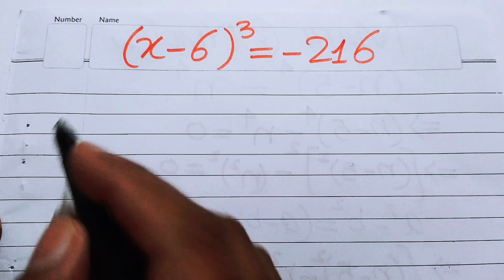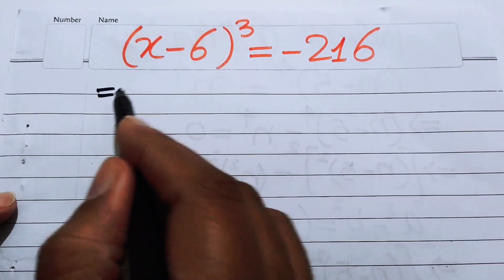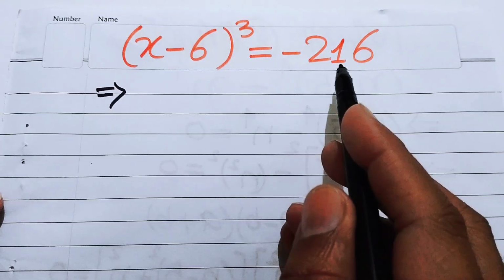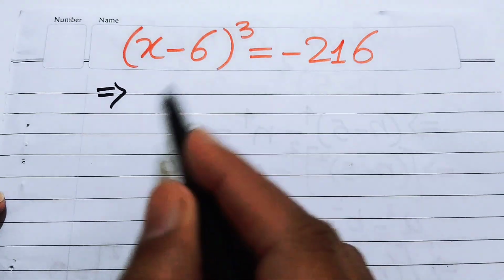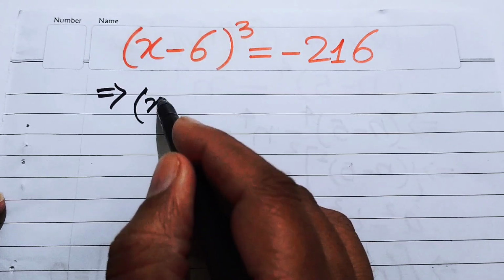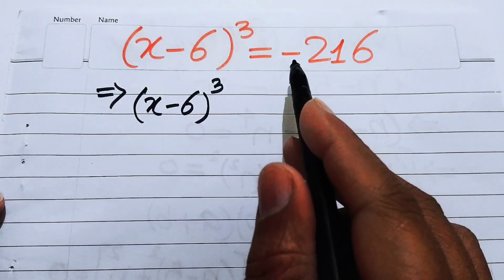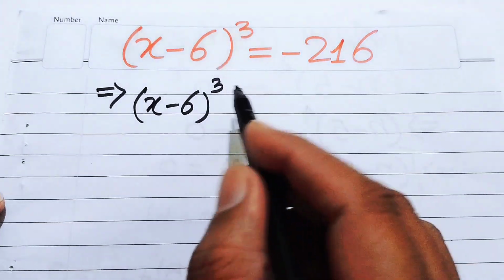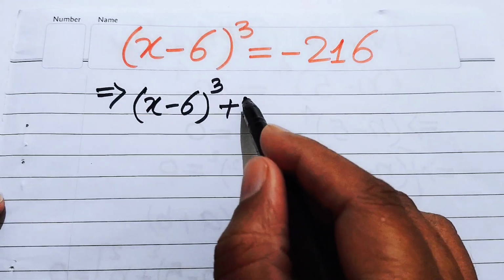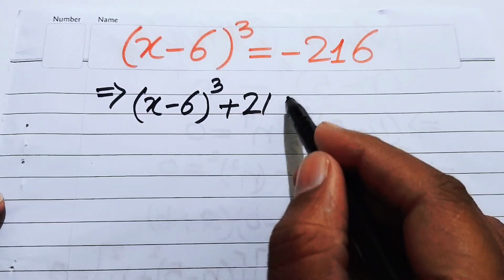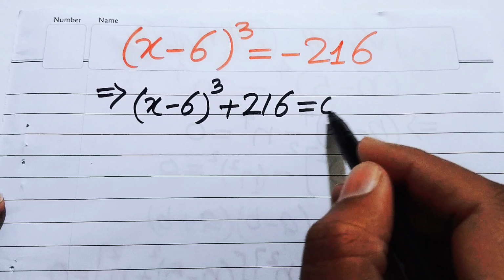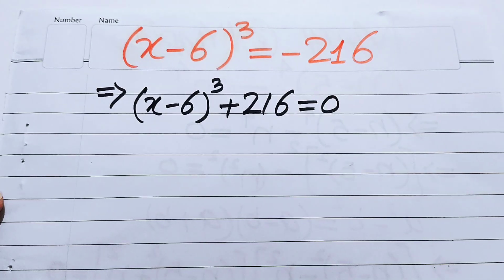The very first thing we are going to do is move minus 216 to the left hand side, and we get (x minus 6) cubed, because this is a negative term, and when we move it to the left hand side it becomes positive, and we write plus 216 equals 0.